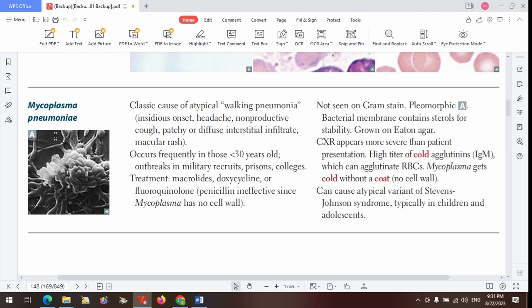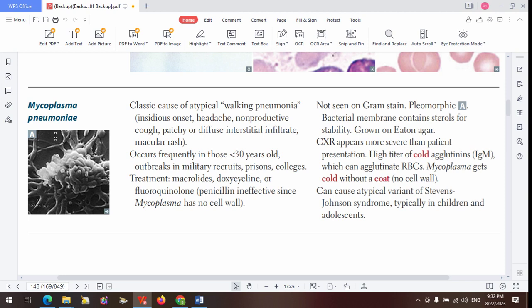One of them is Mycoplasma pneumonia. We've talked about Legionella too. Legionella is one, Mycoplasma is another one. So anything aside from the typical things like Klebsiella and Strep pneumo causing pneumonia, all those other ones like Mycoplasma, Legionella, Chlamydia, Haemophilus, are atypical causes of pneumonia.